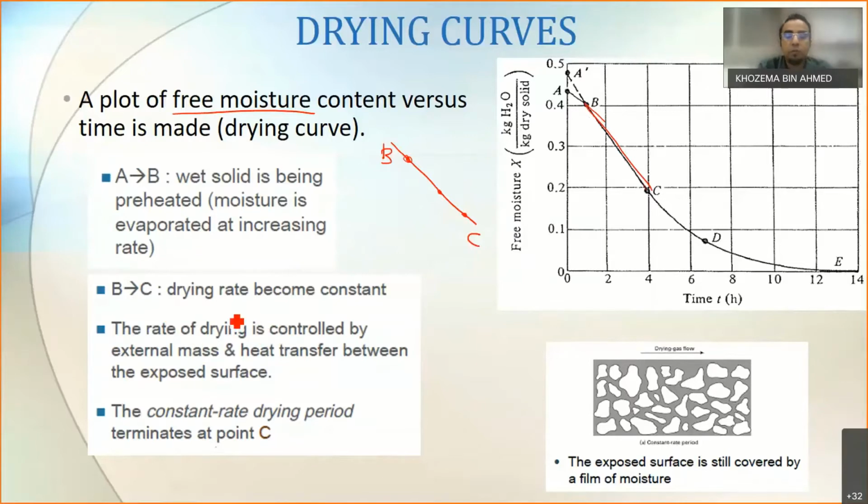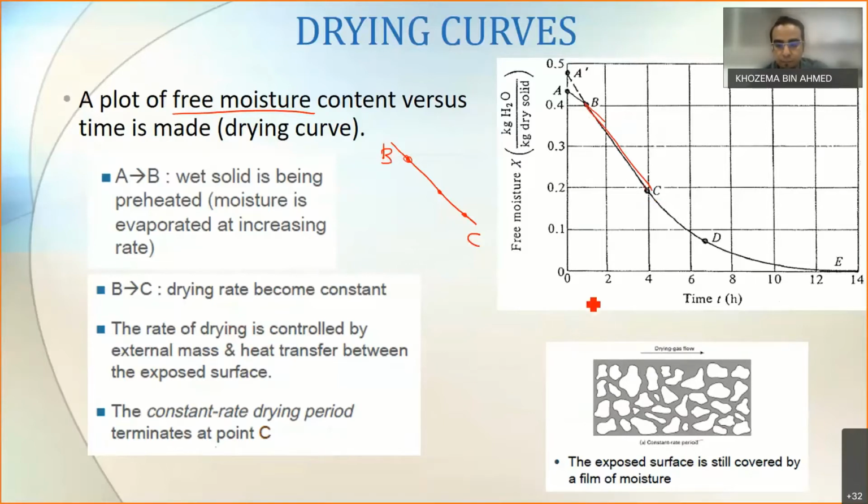So why does the drying rate become constant? If we take this as an example of our drying material, the drying rate is constant because during initial drying from B to C, the rate of drying is controlled by external mass and heat transfer at the exposed surface.